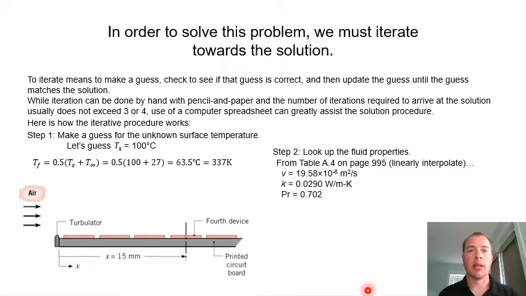I have done the linear interpolation, and the result is as follows. The kinematic viscosity of the air at this temperature is 19.58 times 10 to the minus 6 meters squared per second. The thermal conductivity is 0.029 watt per meter Kelvin, and the Prandtl number is 0.702.